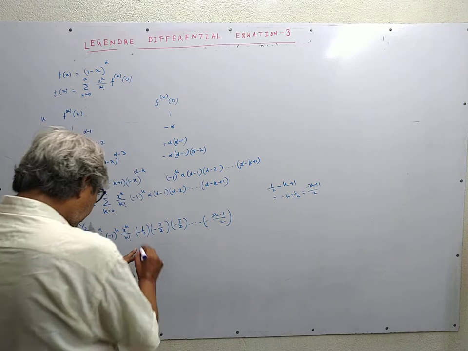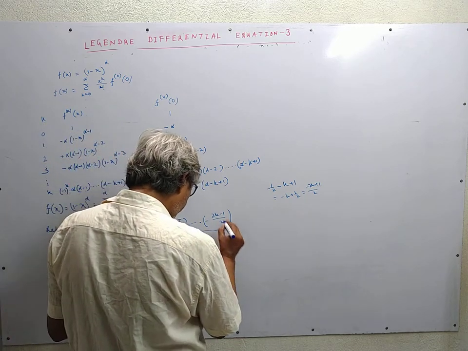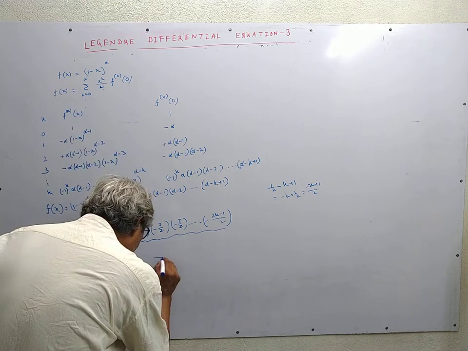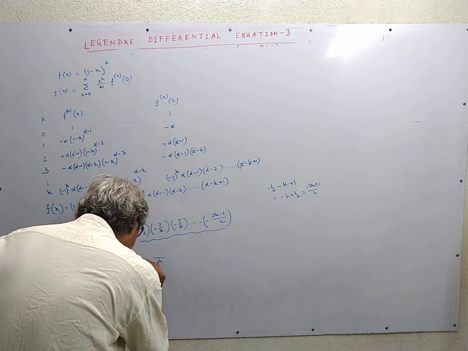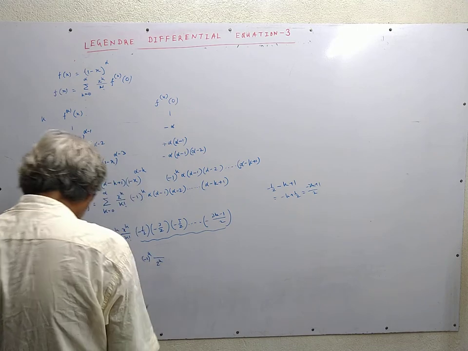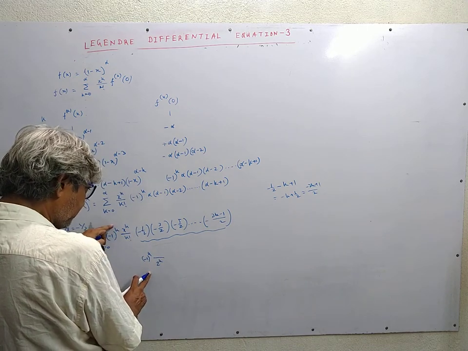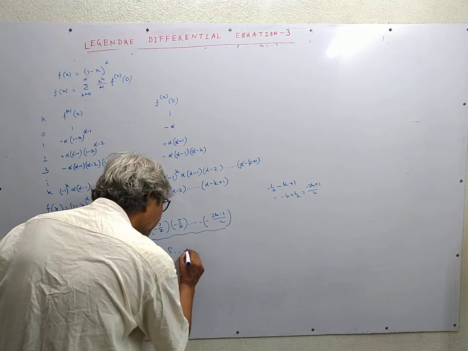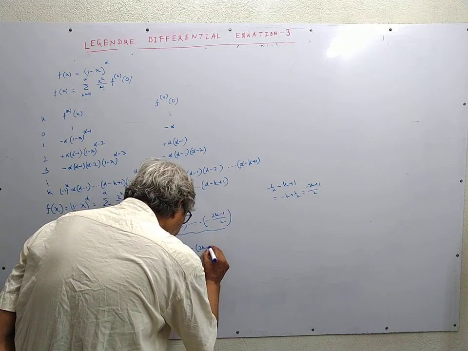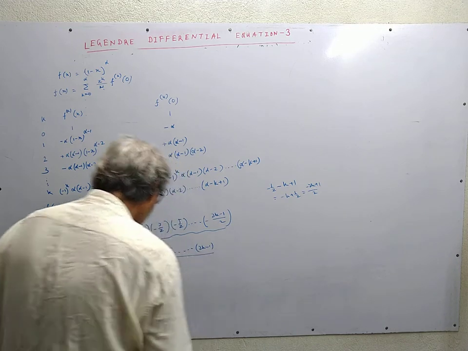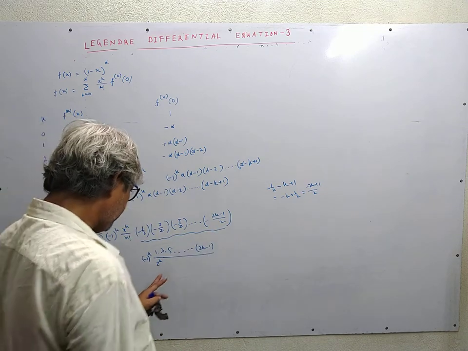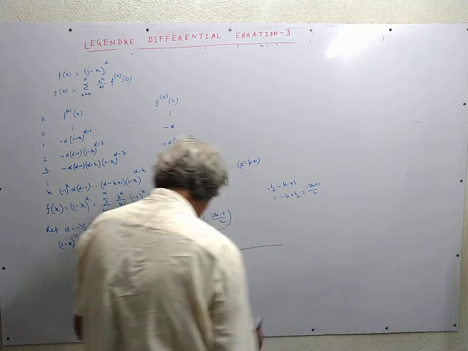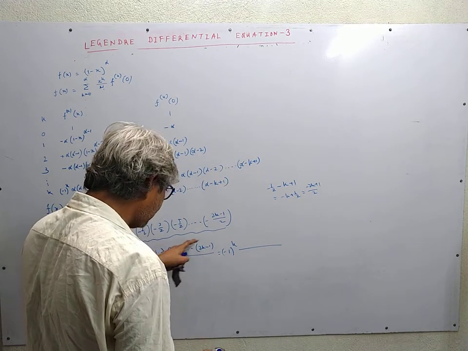So there are k such terms. If we take k out, the denominator is 2 to the power k, and there will be minus 1 to the power k, which makes it minus 1 to the power 2k, which is positive, and we will have 1, 3, 5, right up to 2k minus 1. Now we can write it as minus 1 to the power k, and we adjust by writing 2, 4, 6 up to 2k.